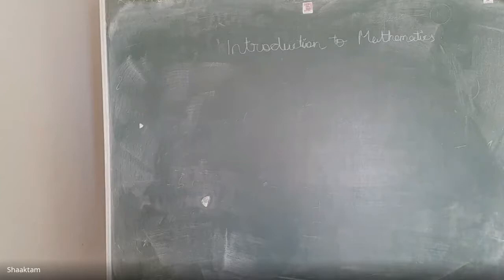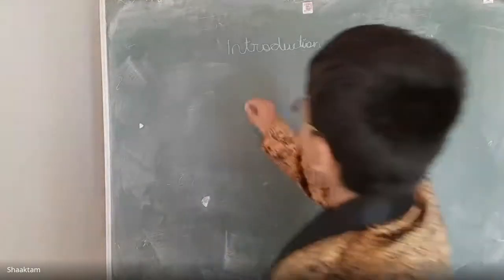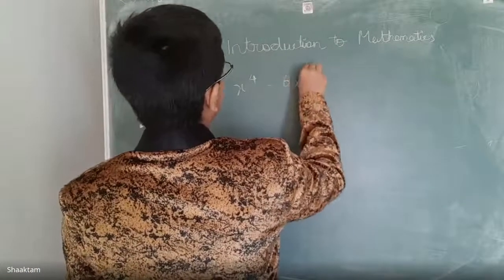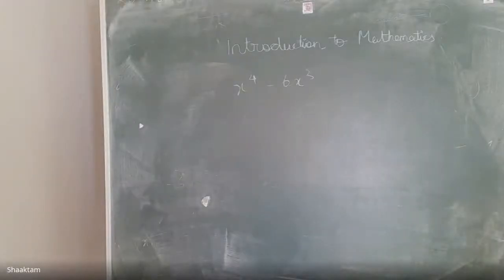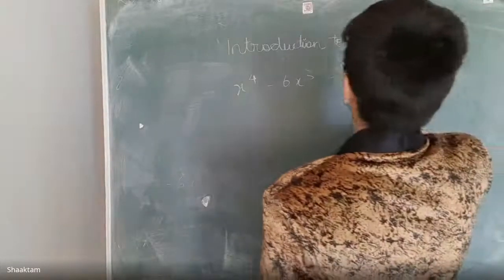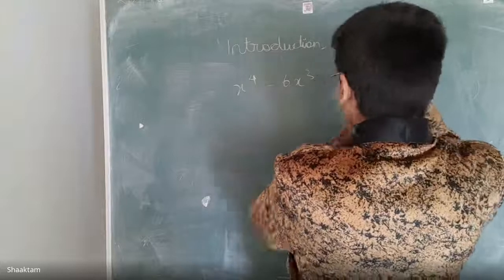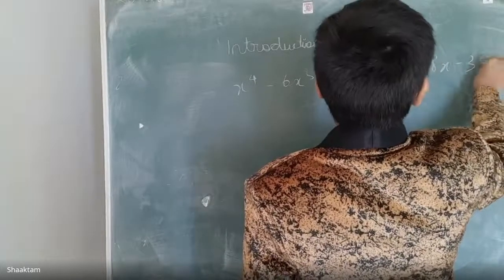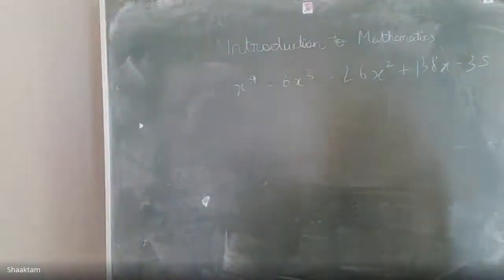Now, to explain what the synthetic method is, let me take another polynomial, x raised to 4 this time: x raised to 4 minus 6x cube minus 26x squared plus 138x minus 35. I'm not equating it to 0 just yet.